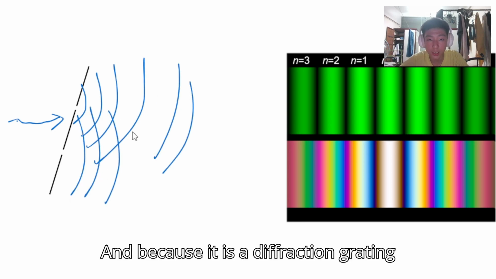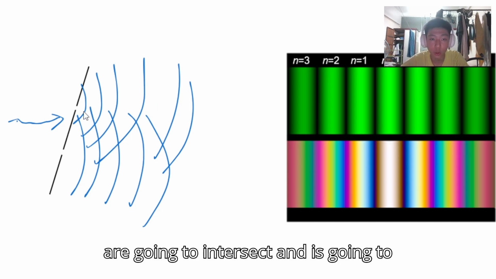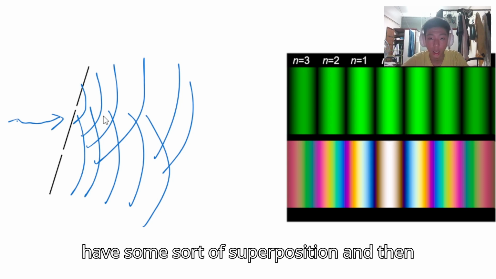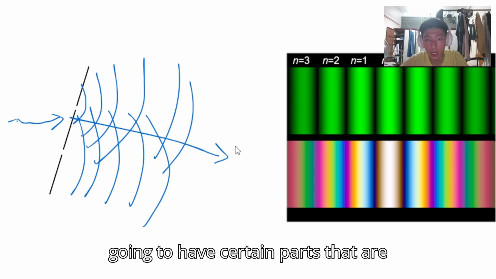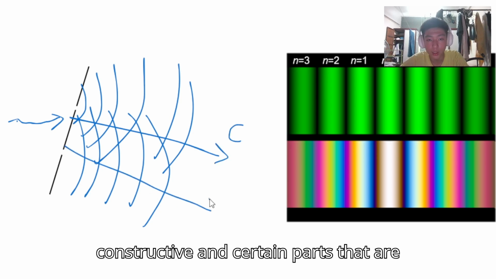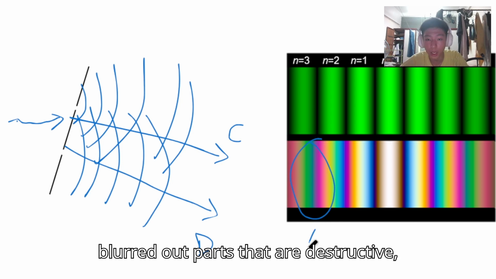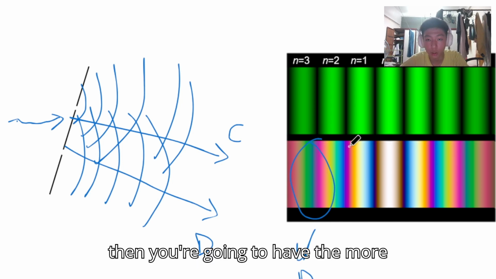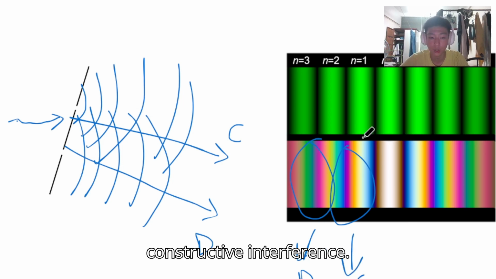And because it is a diffraction grating with multiple slits, the different lights are going to intersect and have some sort of superposition, and then interference is going to occur. So you're going to have certain parts that are constructive and certain parts that are destructive, right? You have these blurred out parts that are destructive, then you're going to have the more concentrated and bright parts as constructive interference.